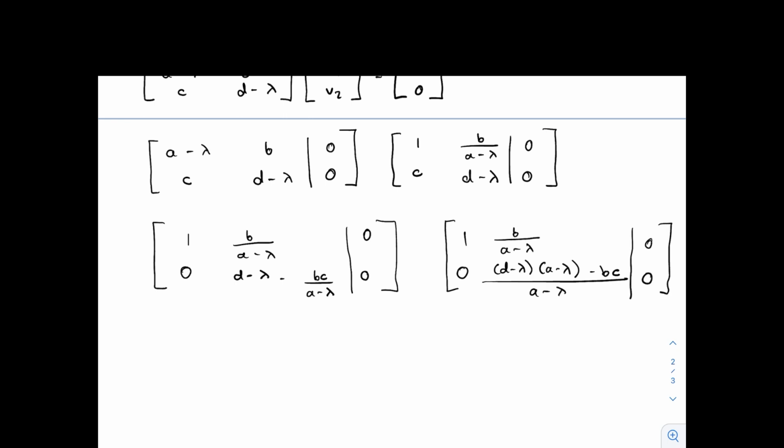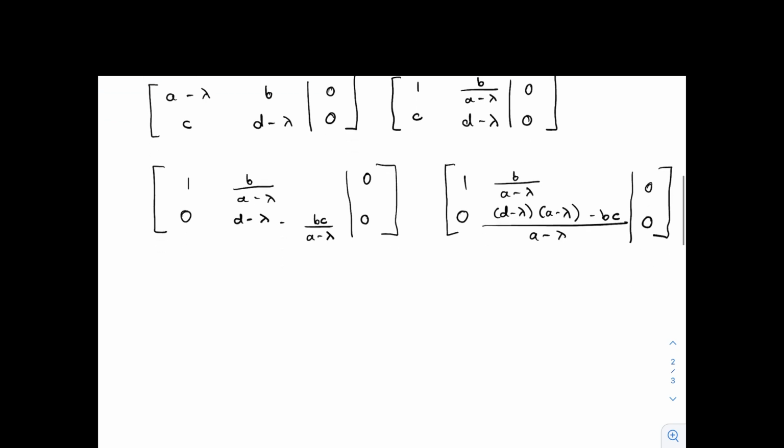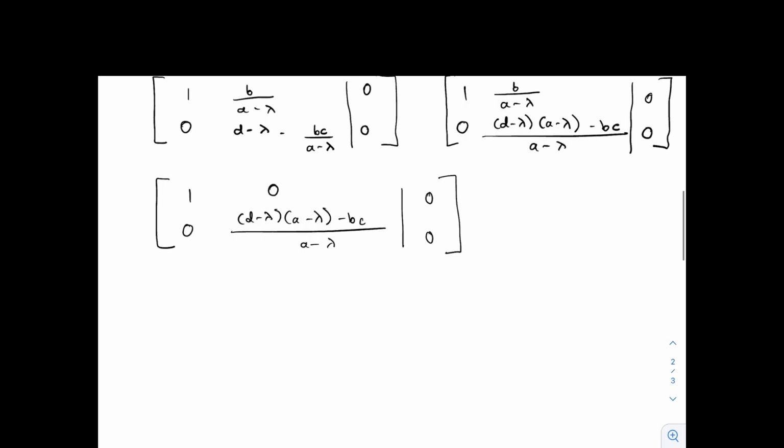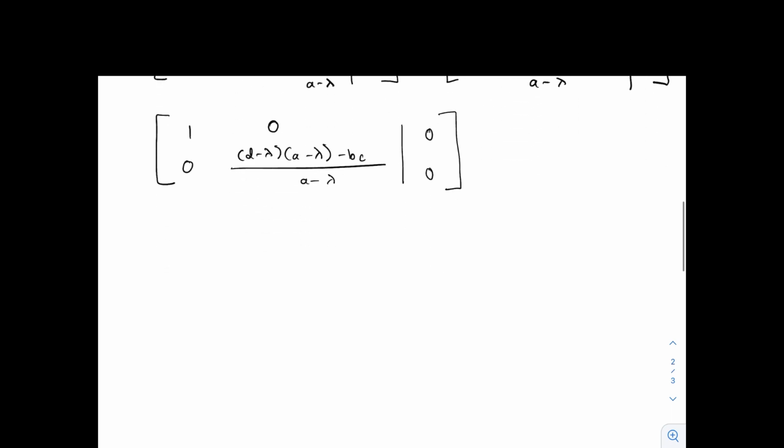And in the final step of row reduction, we can get rid of the B over A minus lambda term, and what we get is this. Well, notice how this entry in the bottom right corner is very, very reminiscent of what you would get by finding the determinant of A minus lambda.